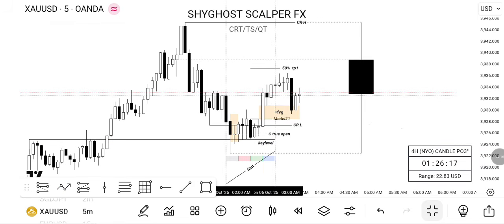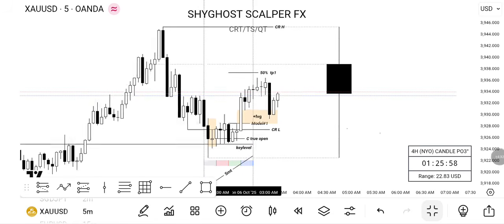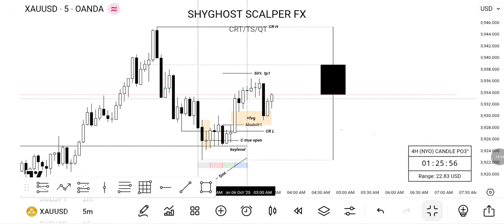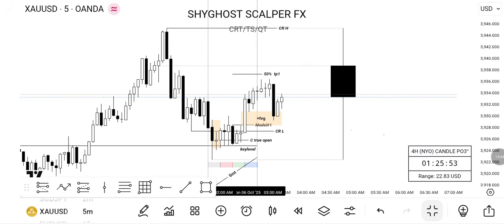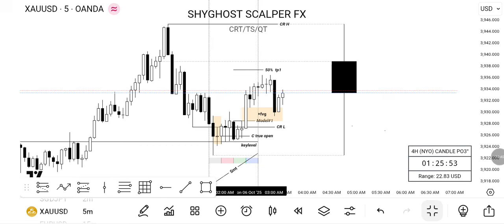It doesn't matter what time frame you are trading, right? Even if you are trading an H4 model, you're still going to look for all of these things, you're just going to use different time frames. So what you're going to do next is check whether your currency strength meter allows your setup.